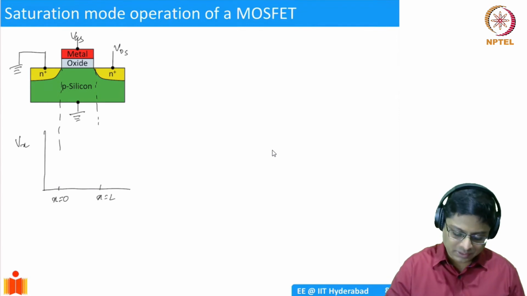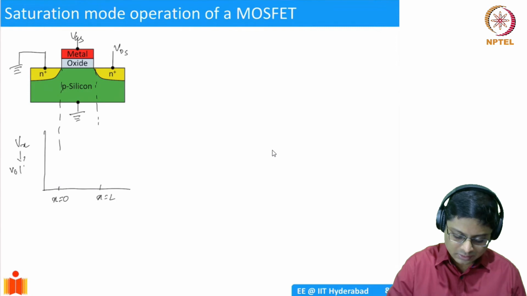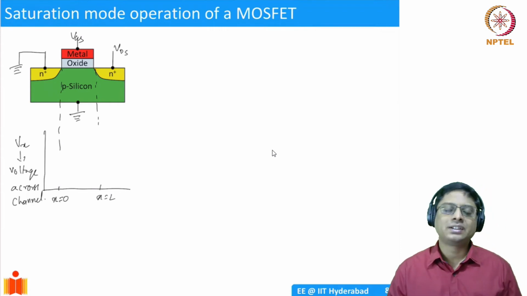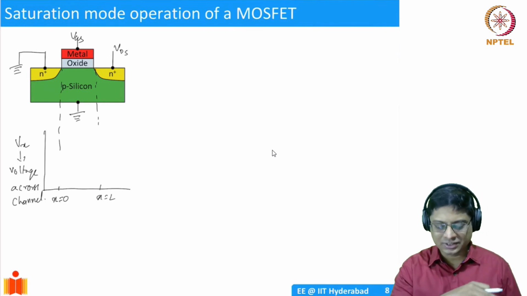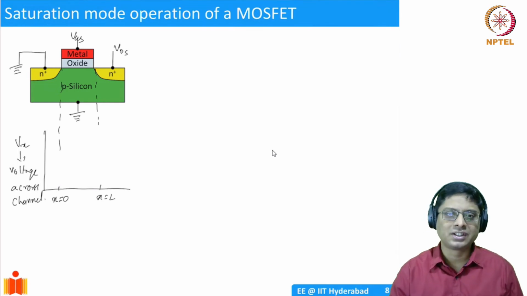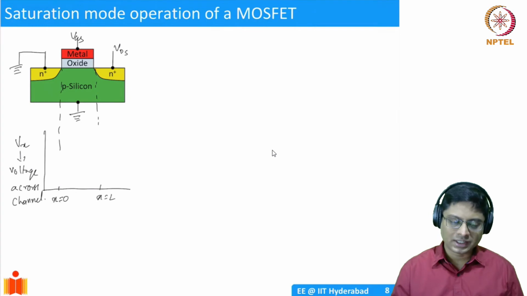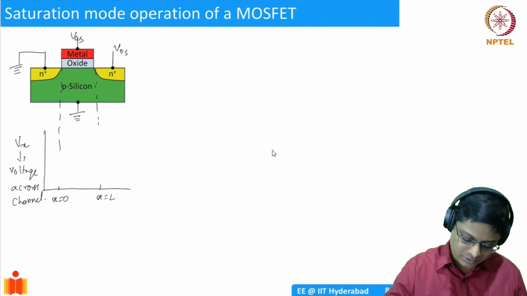Okay, so this is simply the voltage across the channel. What do you expect it to be? Well, when VDS was small, it's almost equal. There's negligible change in the voltage, but the moment there is a large VDS, the voltage actually varies across the channel and takes a form something like this.